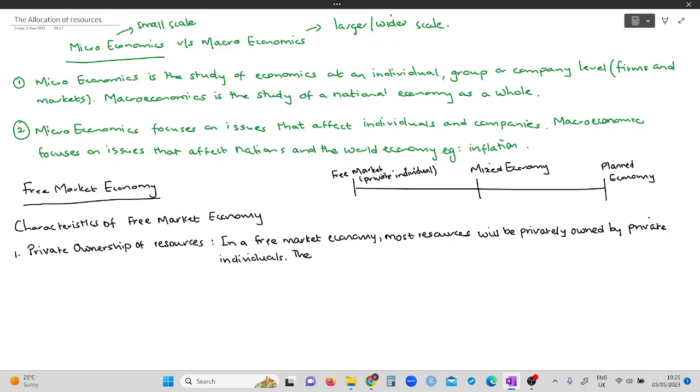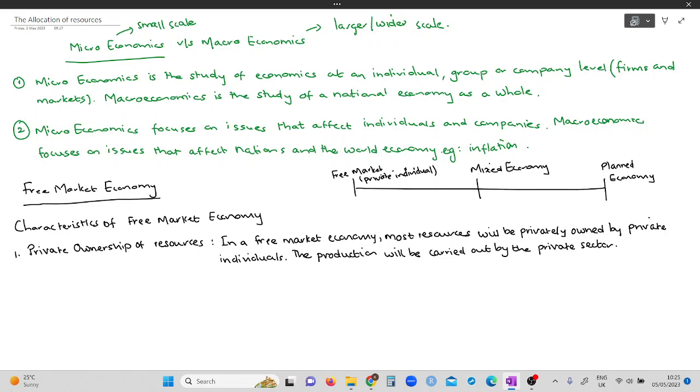The production of any types of goods and services will be carried out by the private sector.